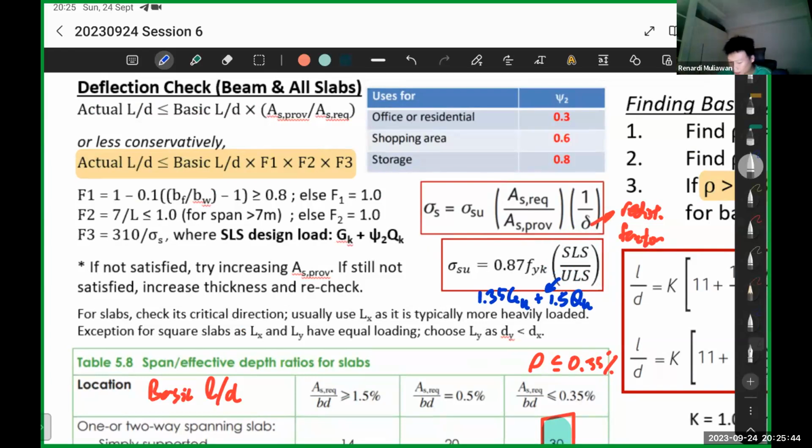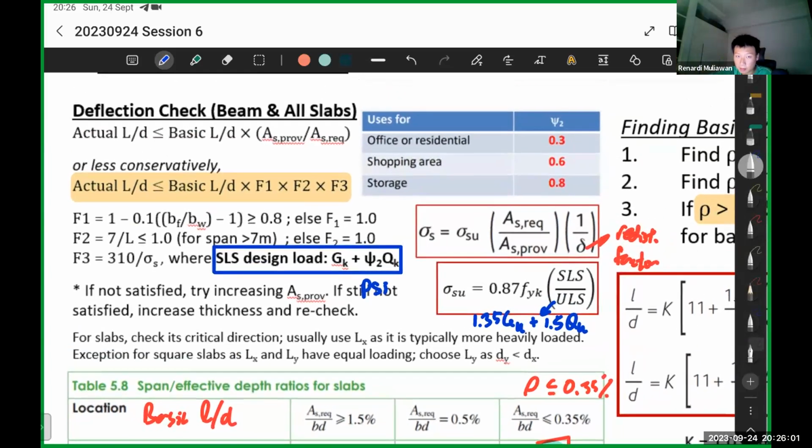For SLS, it's written here: the SLS design load is GK plus psi 2 multiplied by QK. QK is the live load. Psi 2 depends on the use of the structure: is it for office or residential, for shopping area, or for storage? So you just follow the values.